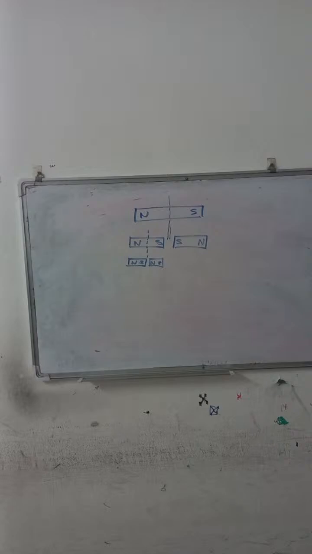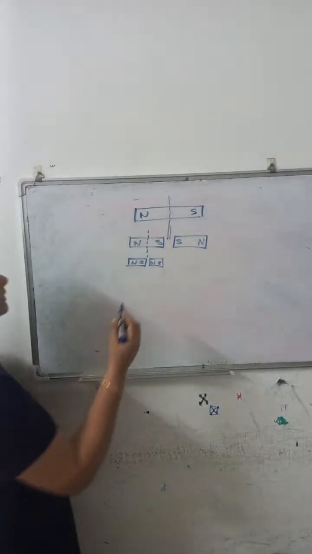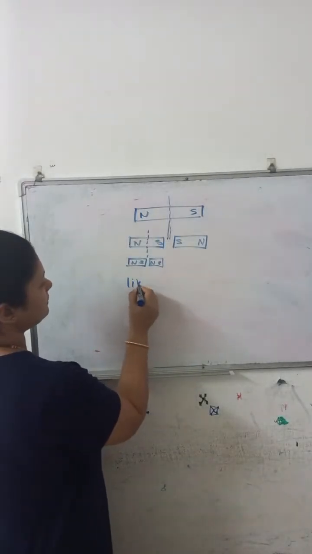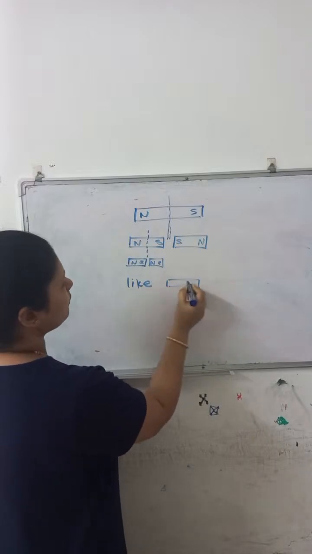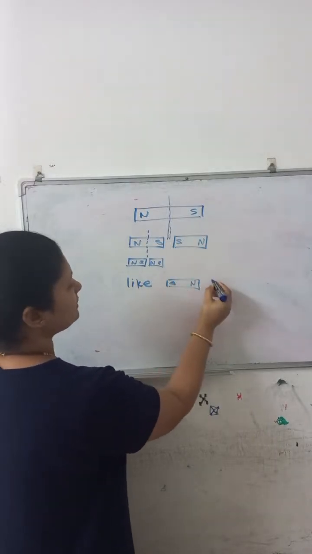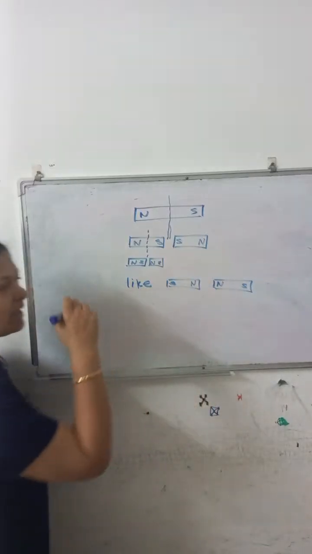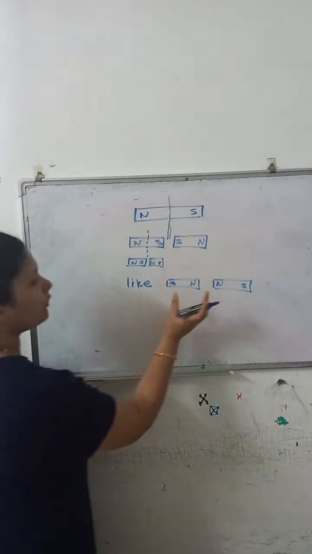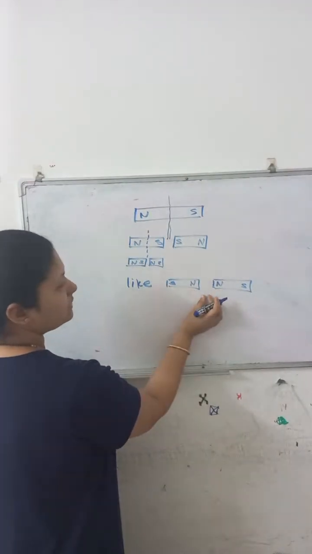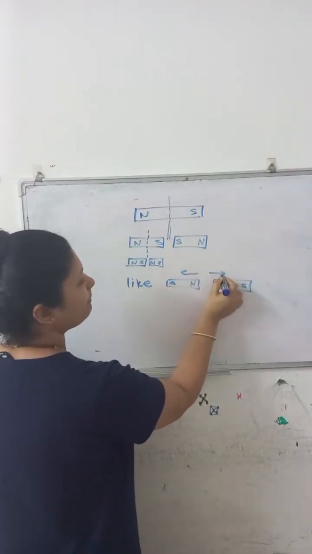We know this is all basic. We learned this in 7th standard also. Suppose I have a north and a south on one magnet, and another magnet with north and south. When I bring two like poles near each other, they repel.